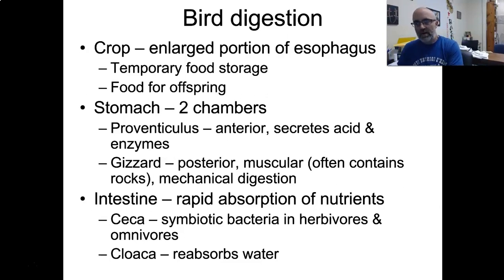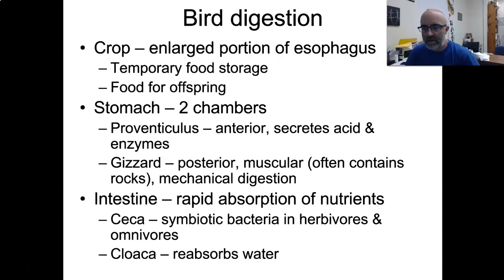Lots of energy required for flight, and all these huge muscle masses that are associated with flight. So birds have very rapid digestion. They have a crop, which is basically an enlarged portion of the esophagus where food can be stored.